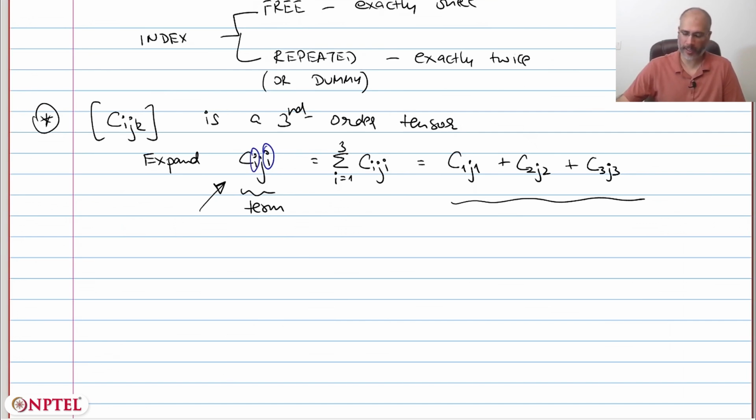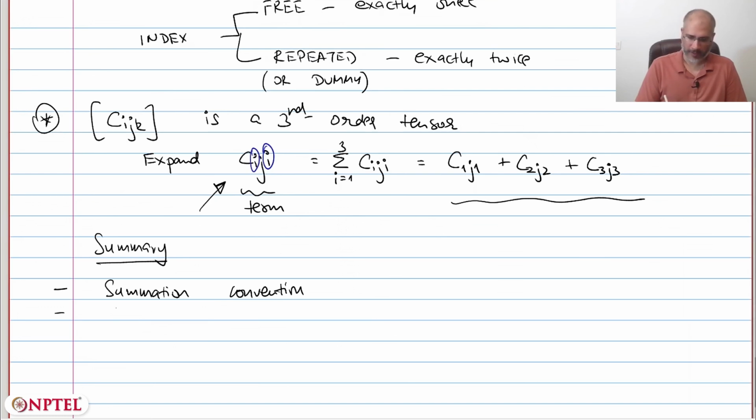So let's summarize today's lecture. We learned about the summation convention. We did a lot of examples, and we learned about the difference between two types of indices. One is called the free index and the other is called a repeated or a dummy index.